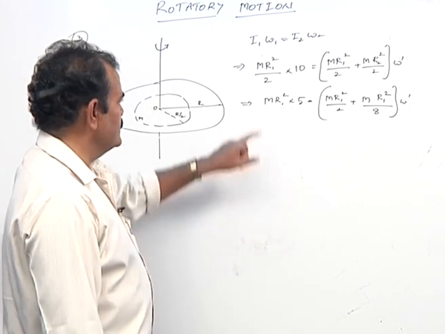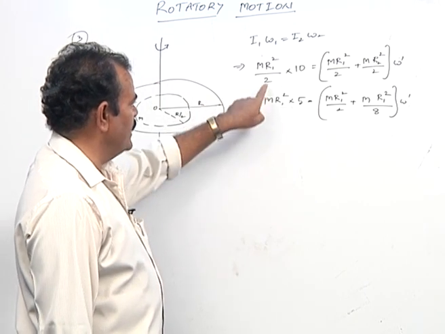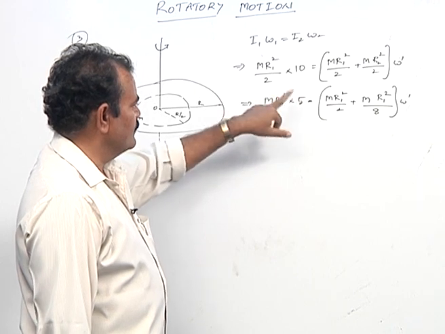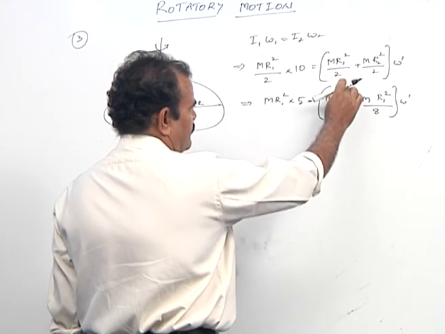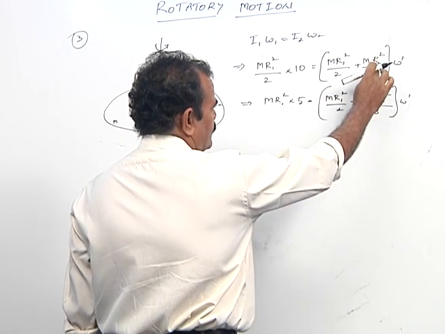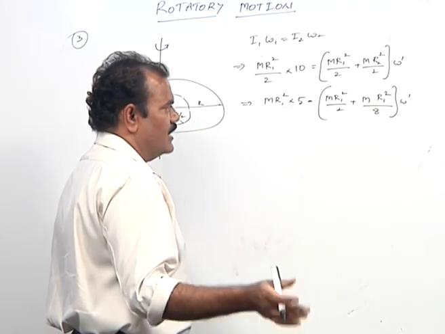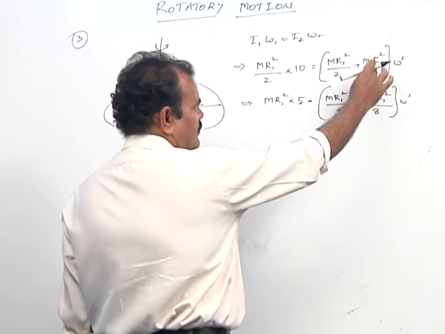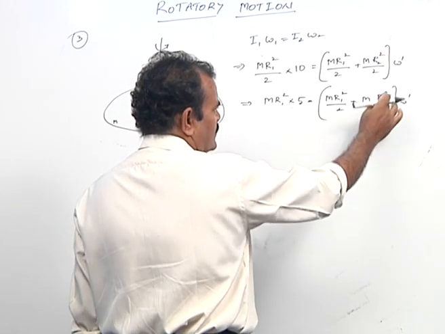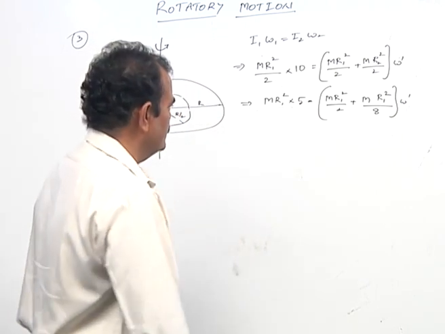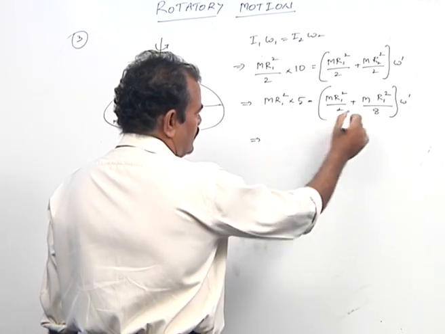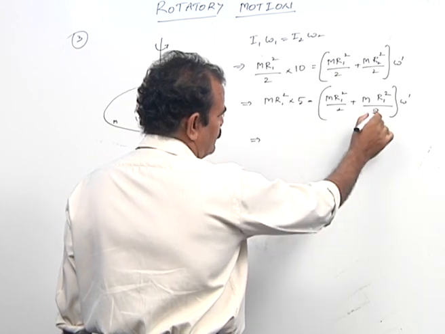Once again, it is M R1 square by 2 times 10, which becomes 5 M R1 square, and on the other side M R1 square by 2 plus M, with R2 equal to R1 by 2 given as half the radius, so R2 square is R1 square by 4, into 2 becomes 8, and again omega dash.